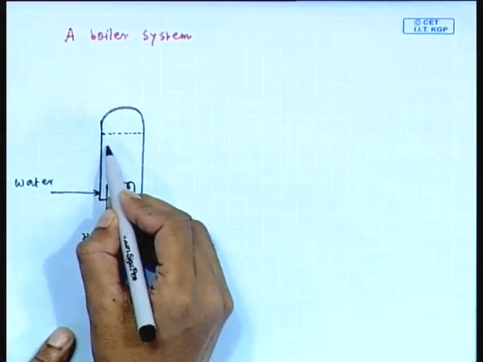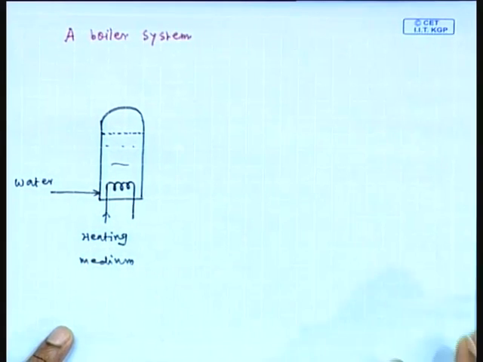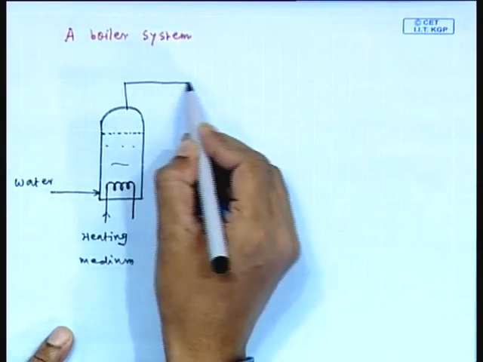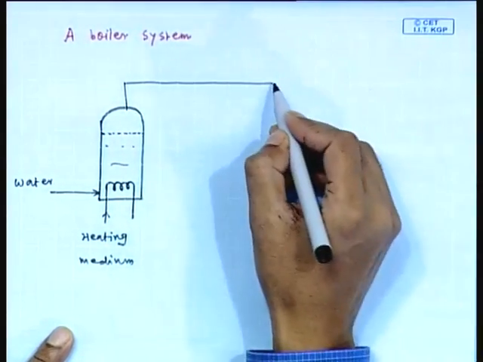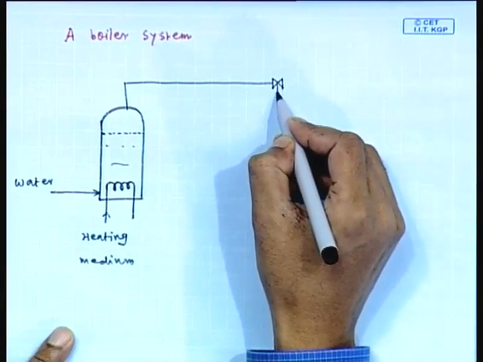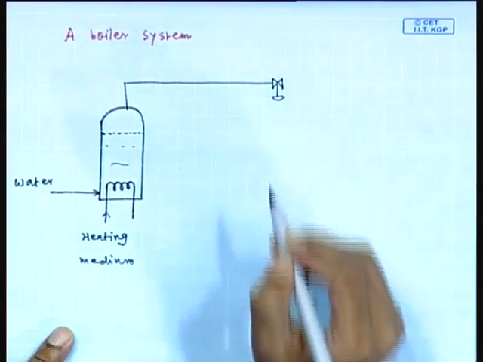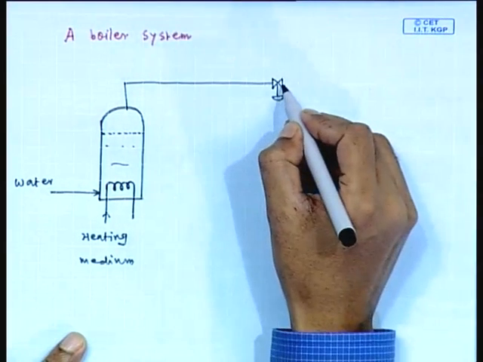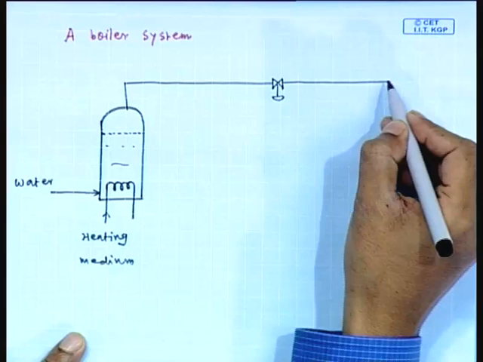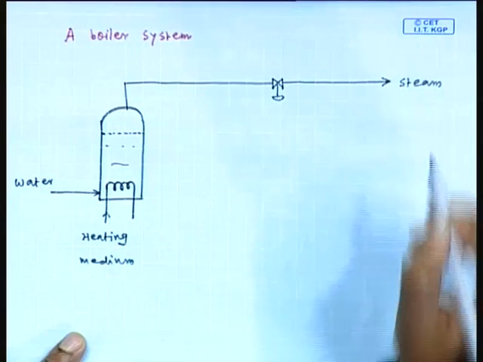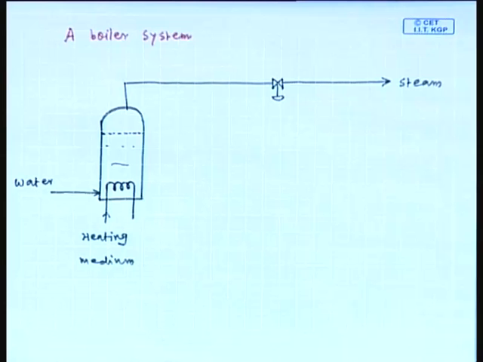This is the discharge line. A control valve is installed in the discharge line. Fine. So, this is the schematic of the process.